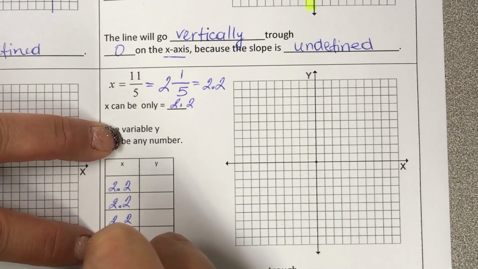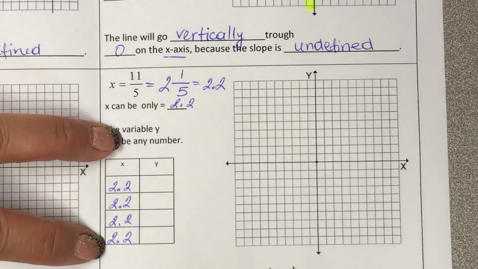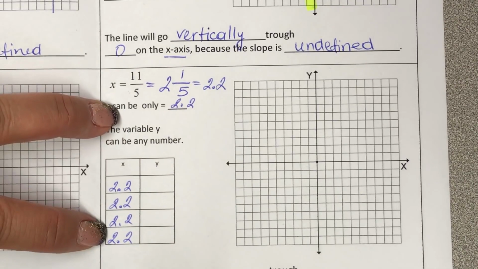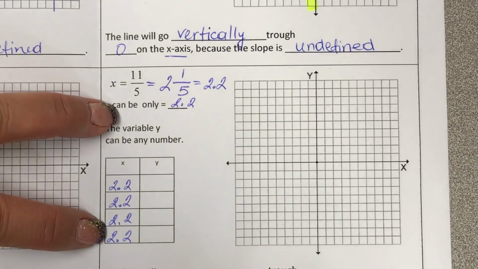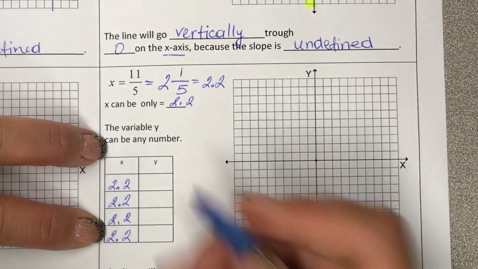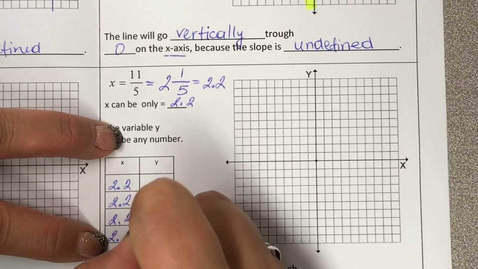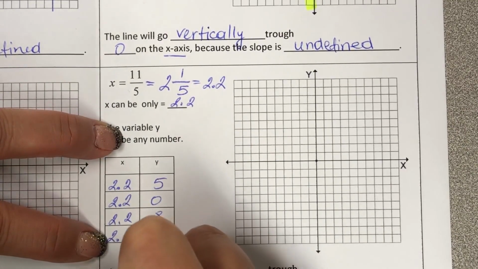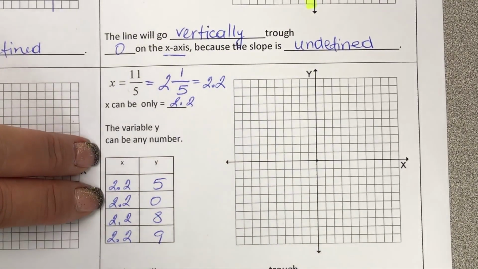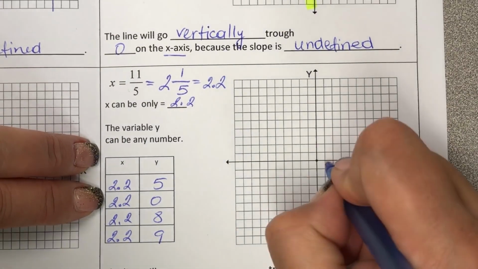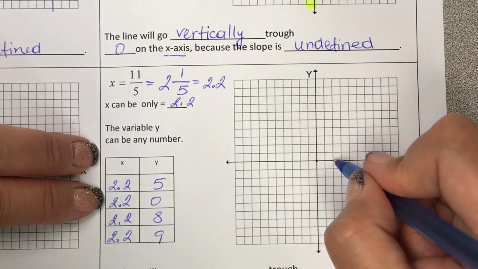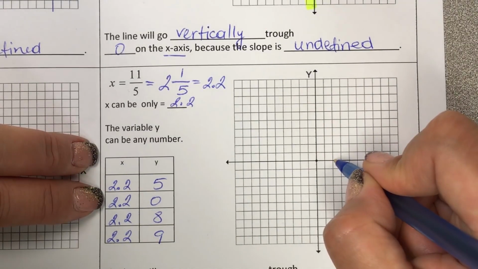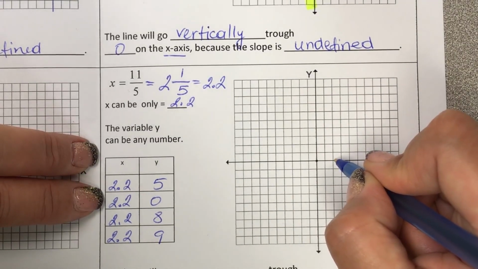If your point location is fractional, the best is to change it to a decimal or mixed form. Y can be any number, let's say 5, 0, 8, 9, just because. And then we plot them. For x, I have 2.2. That means 2 full squares and a little bit, 1/5 of the square, or 0.2.